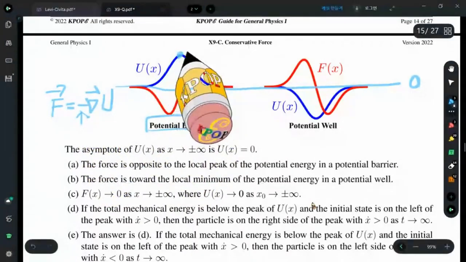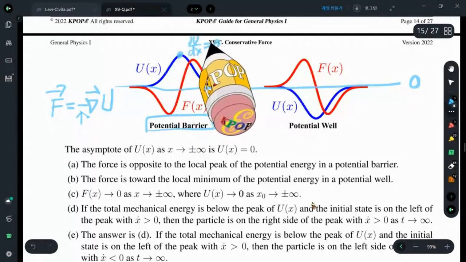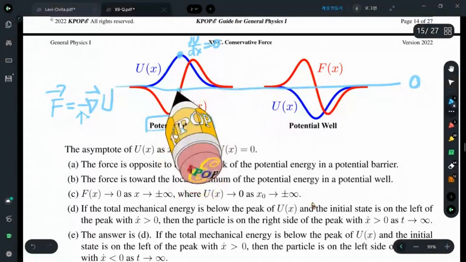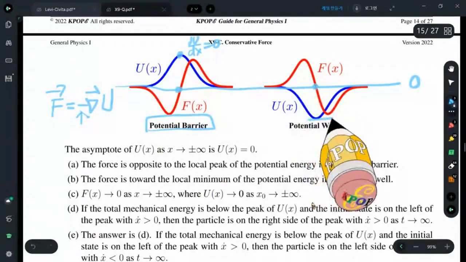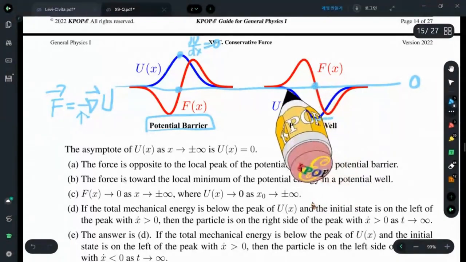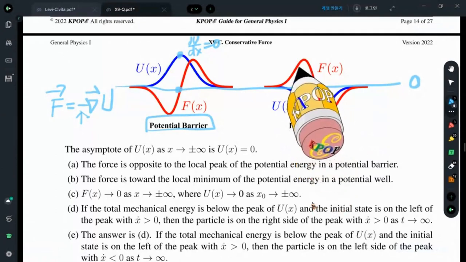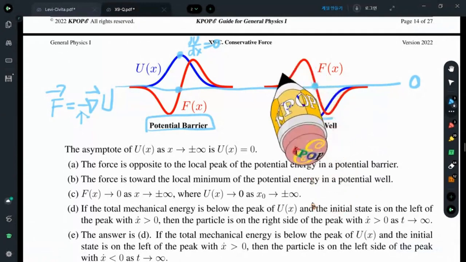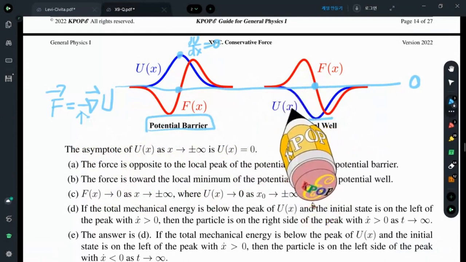And here, the derivative of potential is zero. That means force is zero. Here too, the derivative is zero, force is zero. Here, potential is decreasing. That's the reason why force is positive. Decreasing, the derivative is negative.